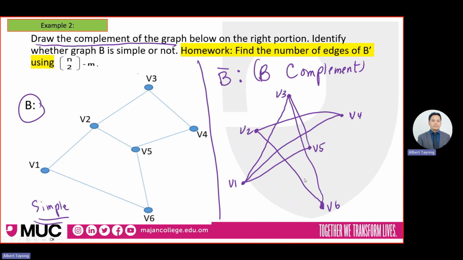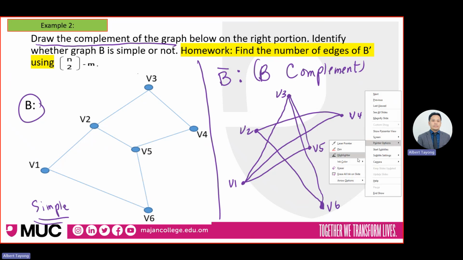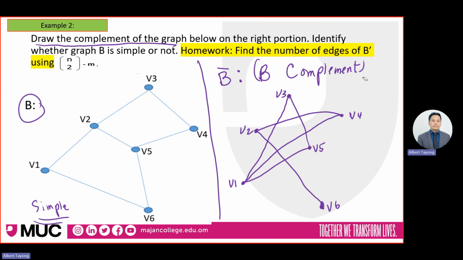You can make a straight line or whatever it is for this. Or even you can go out if you want to. Okay, so the 4th here is connected to 3 and 5. The opposite is 2, 1, 6. It's connected to 2 and 1 already. So we just have to connect 4 to 6.